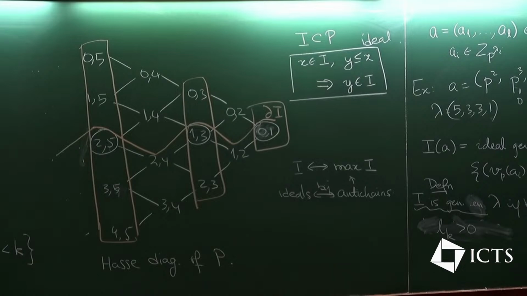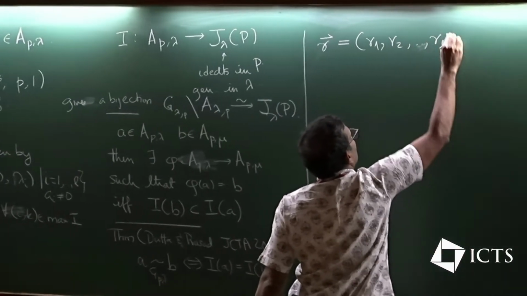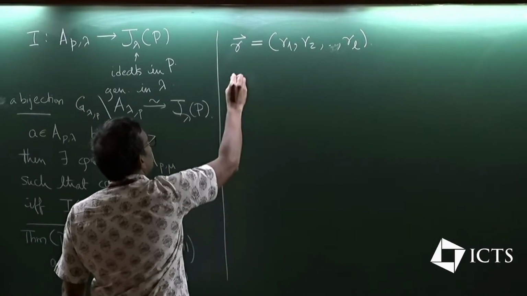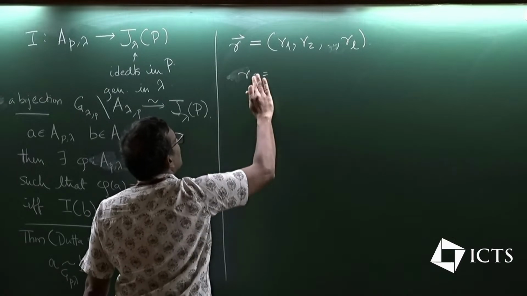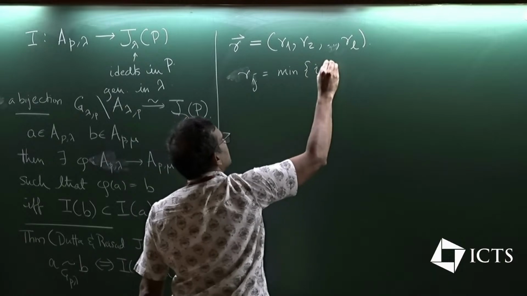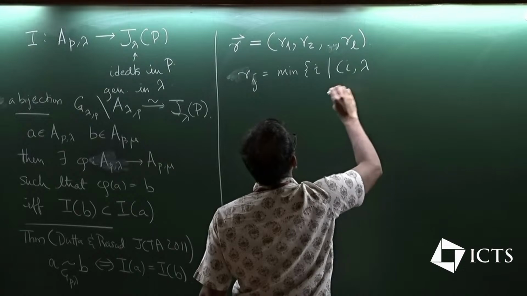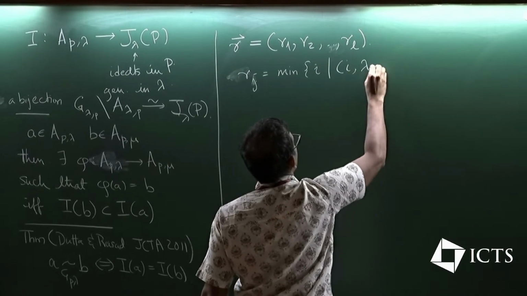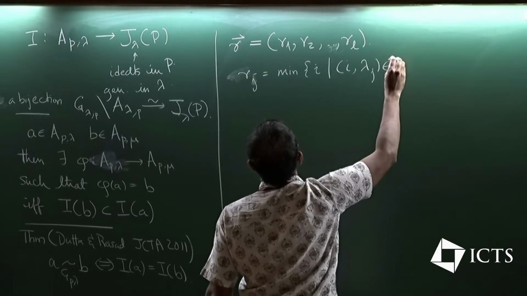It will have one coordinate for each coordinate in the group: R_1, R_2, ..., R_L, where R_j is the least integer i such that (i, lambda_j) belongs to the ideal.